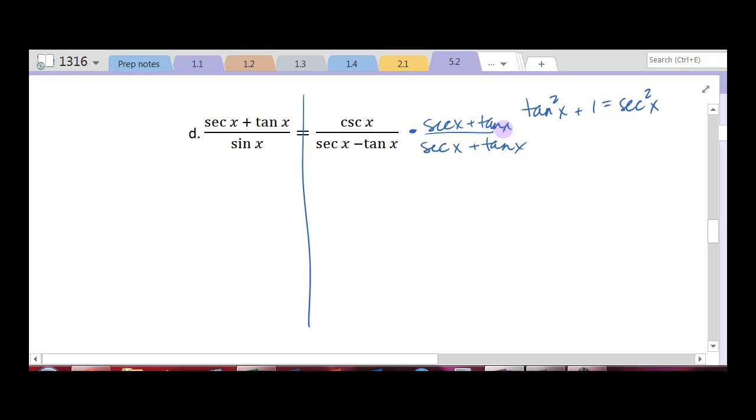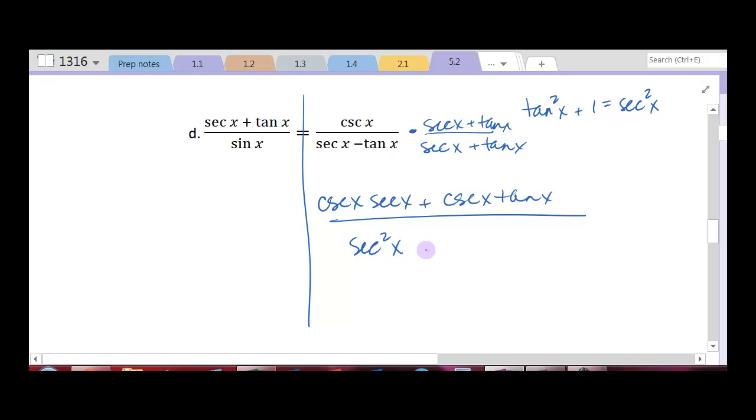Okay, so the numerator, I'm going to go ahead and distribute this, becomes cosecant x secant x plus cosecant x tan x all over. When I multiply these two terms together in the denominator, I end up with secant squared x minus tan squared x. Okay, so far so good. Now how are those related?